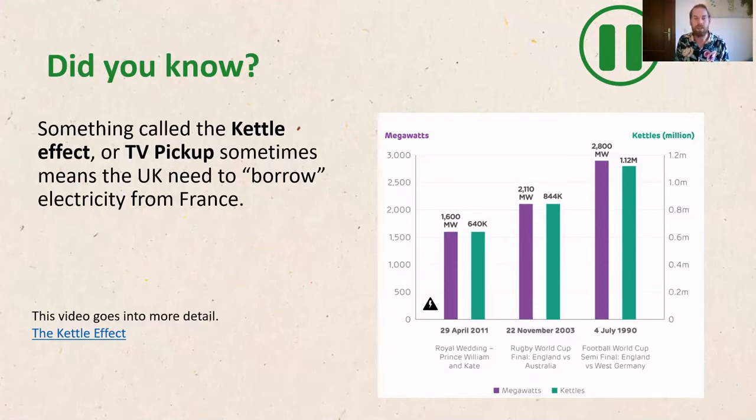Have a quick look at those 3 events and how many different kettles went on in that moment and a huge surge in electricity. If you want to learn a bit more about the kettle effect, there's a fantastic video from the BBC down there, and I'll leave the link in the descriptions below.